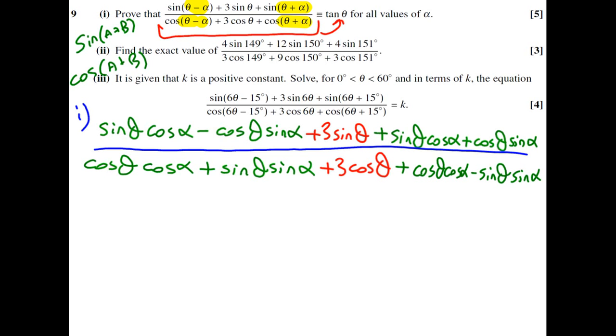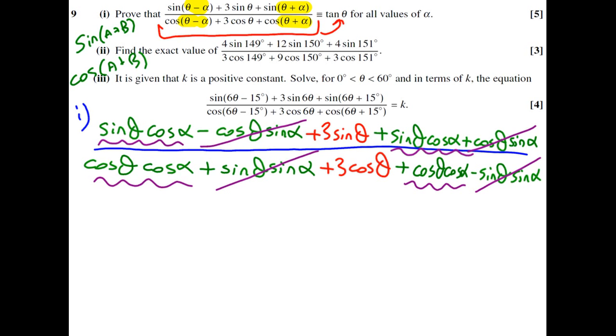So now we have to try and simplify this. Can you see that on the top row you've got sine theta cos alpha here and here? Okay, and you've got a minus cos theta sine alpha and a plus cos theta sine alpha there, so they cancel. Here you're going to have sine theta sine alpha minus sine theta sine alpha, so they cancel, and you've got this one repeated here.